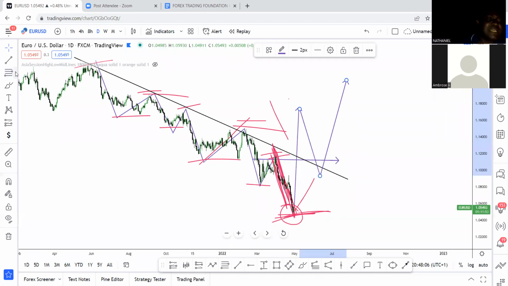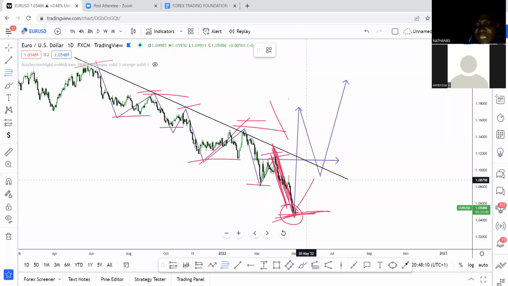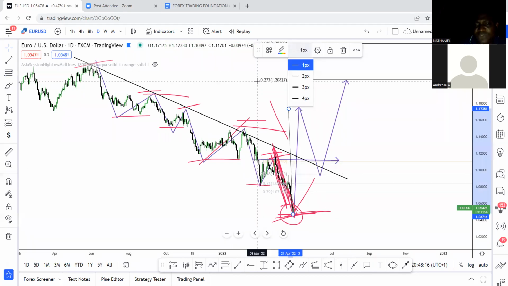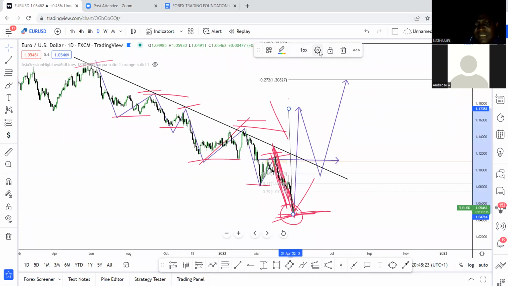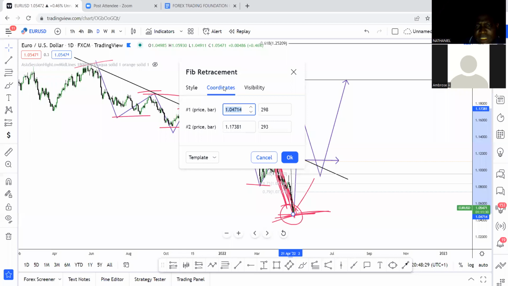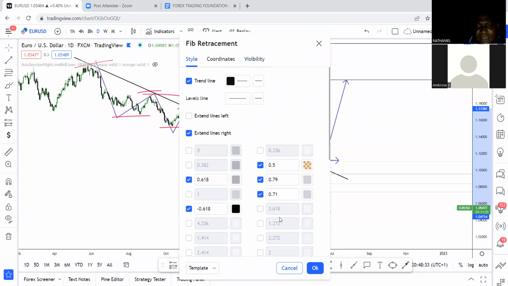So when you pick it here, this is a fib retracement. If you pick it from the beginning here to the end here, you are going to get different levels. I will have to increase the thickness of the line so that you can get it. Settings, style, yes.